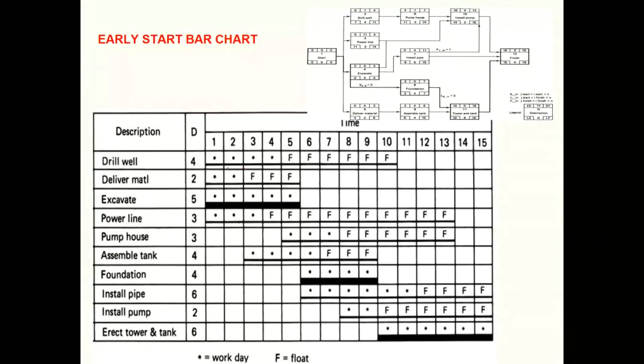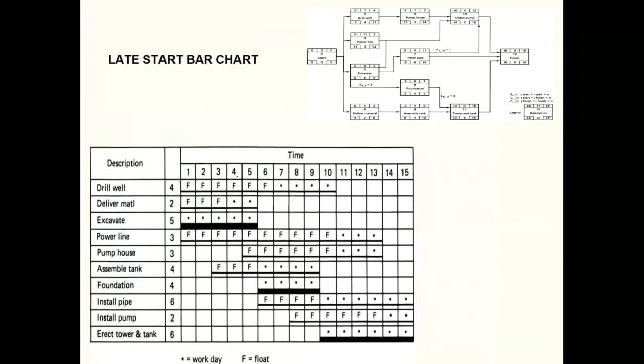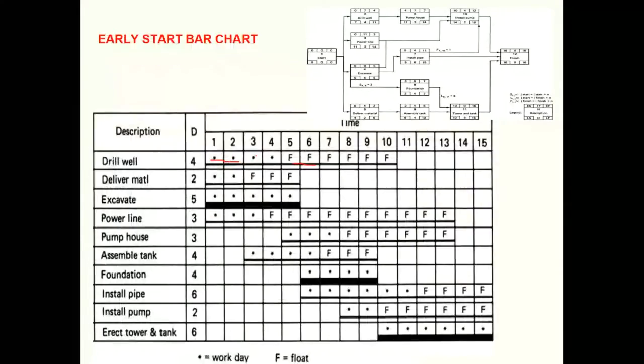Once we have plotted this, we would know that the work in the first activity, for instance, is taking place in the first 4 days, and the subsequent days are essentially float days. So we can have a look at the Slack, and we can see which subcontractor is working on which days of the project. We usually use an early start for our planning. This is good in a way that all the float is towards the end.